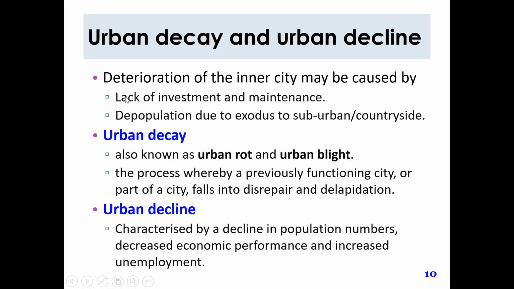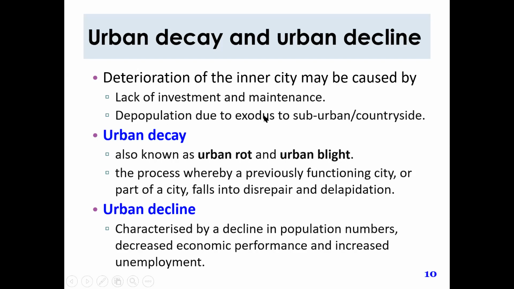So if they do not implement good policies to promote investment and they fail to provide proper maintenance to the city center, things like repairing the road condition or repairing the street furniture or ensuring security and safety of the inner city population, if the government fails to do that, okay, the inner city will deteriorate.